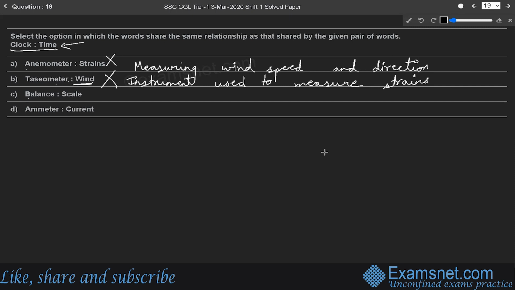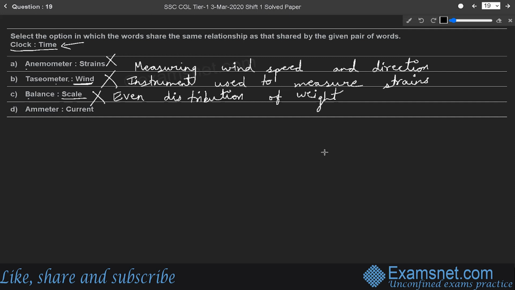Third option is balance and scale. We know that balance is an even distribution of weight that enables someone or something to remain steady or upright. But balance is not related to scale. So this option is also not correct.